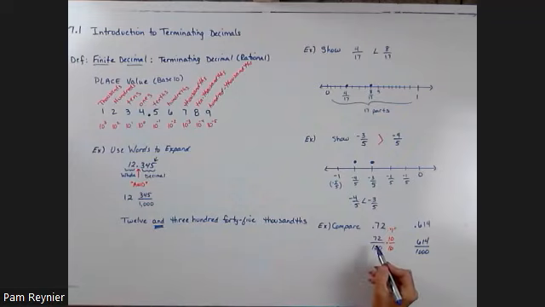And when I do, I end up with 720 out of 1,000. And I'm comparing that to 614 out of 1,000. And now we can compare, because they have like denominators, and we can see that the denominators are the same, but 720 is greater than 614.